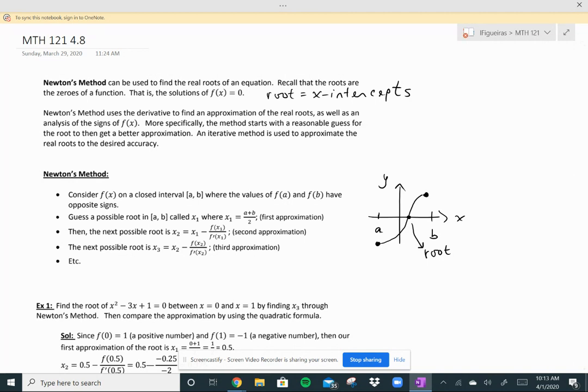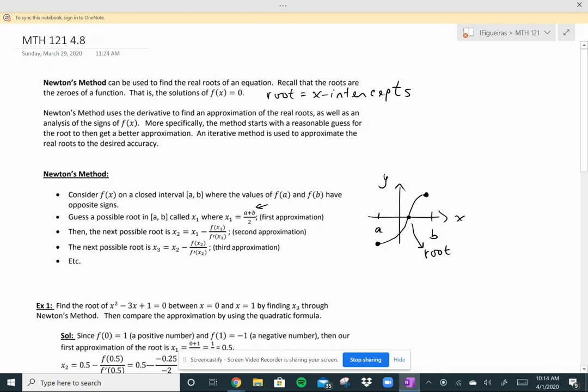So assuming that f of a and f of b are opposite signs, then you can say that the first approximation is just the average of those two values. So that's what you would do when you don't know what your first guess is in terms of the root: you would take the average of the two values of the closed interval, add them, divide by 2.